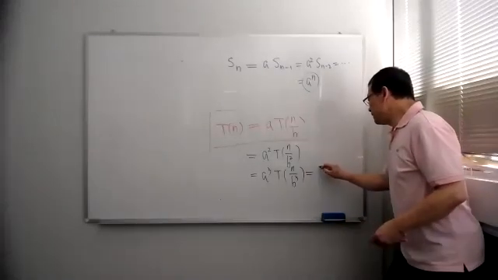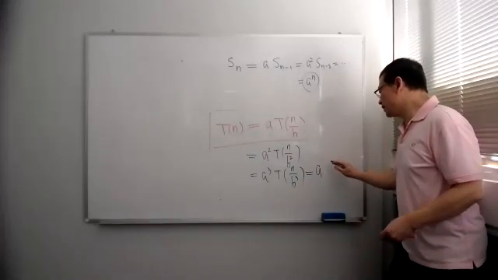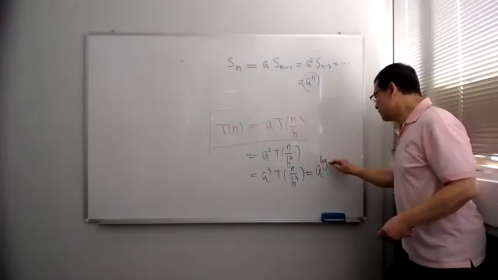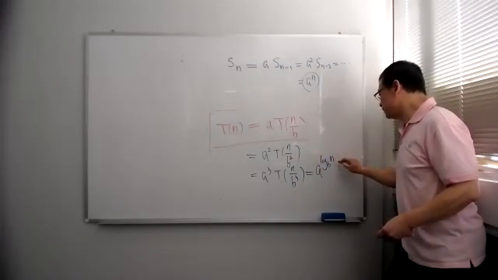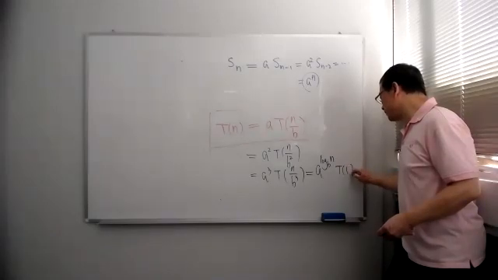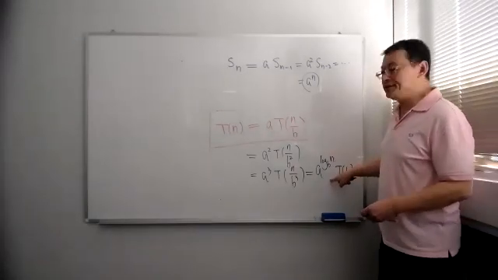Eventually, how many times do we need to go? It's log base b of n, where the argument becomes 1. So that's very easy to solve.